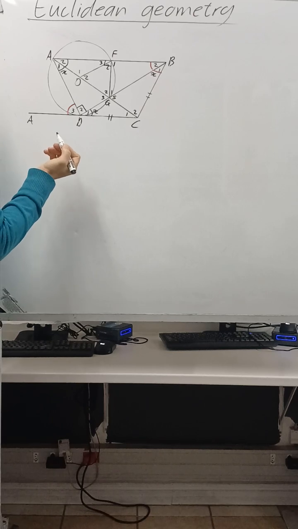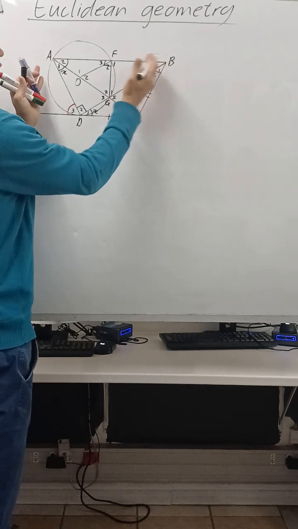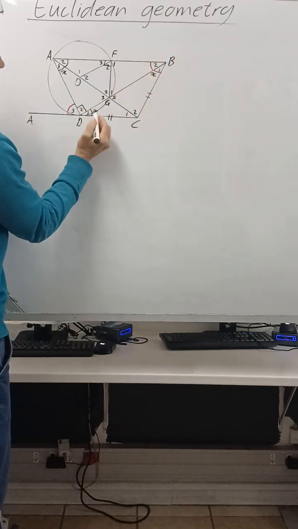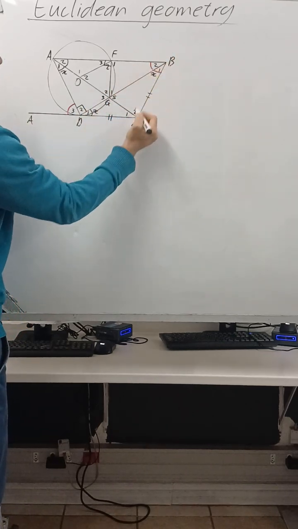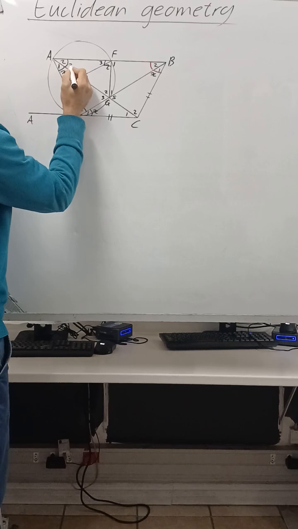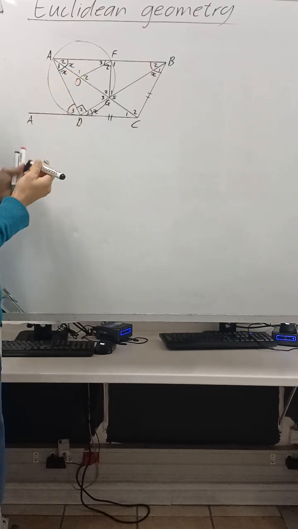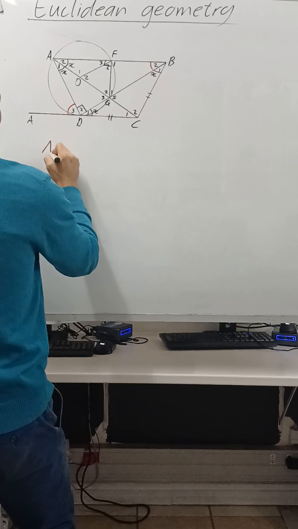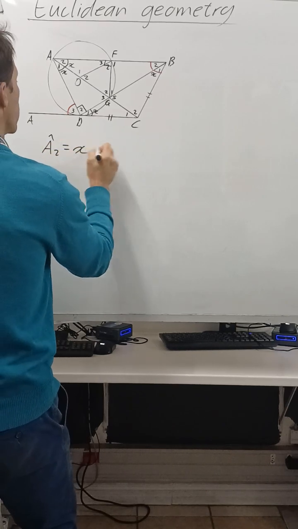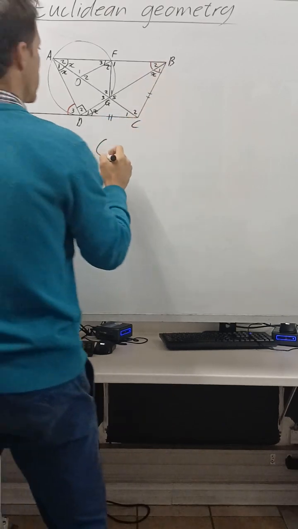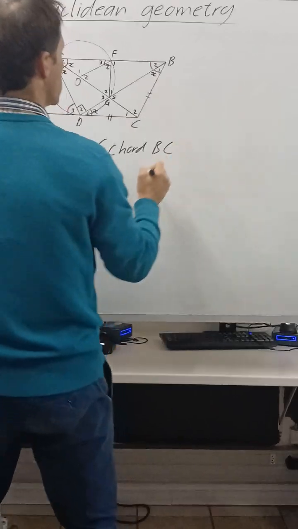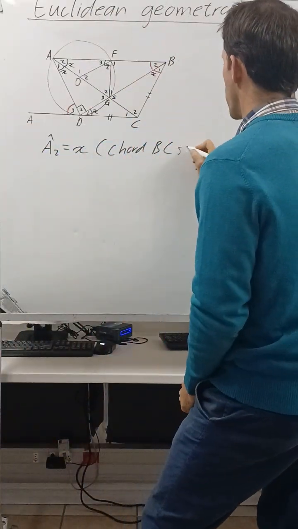Because think about it. If you think of the fact that this is a cyclic quadrilateral, then when it goes this way and it makes x, then the same chord BC goes that way. So this must also be x. And then the two are equal. That's it. So we can just say, okay, A2 is equal to x, chord BC subtends equal angles.